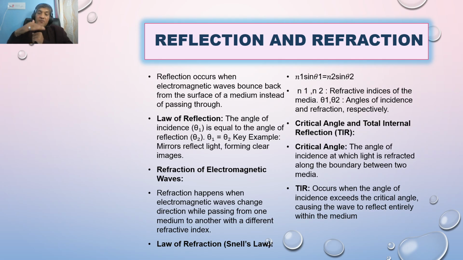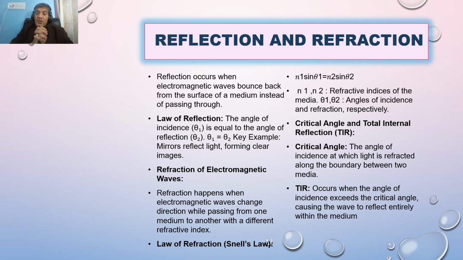When a wave passes from one medium to a different medium, this process is known as the law of refraction, that is, Snell's law. And here is the basic relation between the refractive indices of the two media and the sine of the angles. The angle of incidence and angle of refraction are represented by theta 1 and theta 2 respectively.